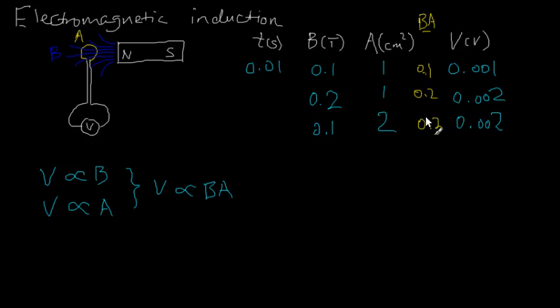So what this suggests is that it agrees with the numbers here, agrees with this relation that the induced voltage is proportional to B times A. Our understanding here is that both the magnetic flux density and the area of the loop affect the induced voltage.